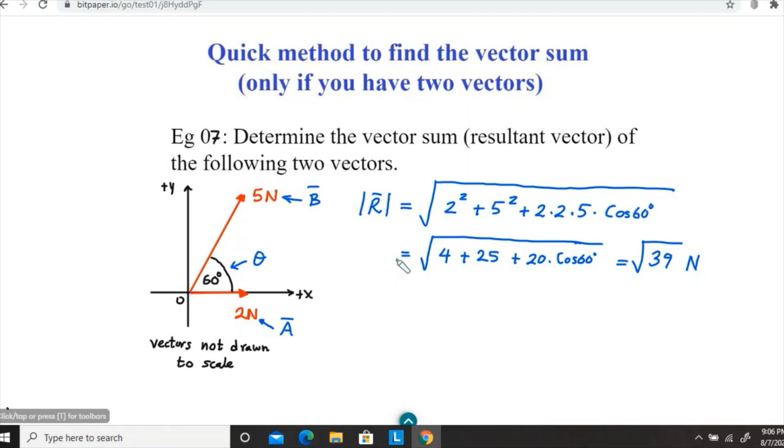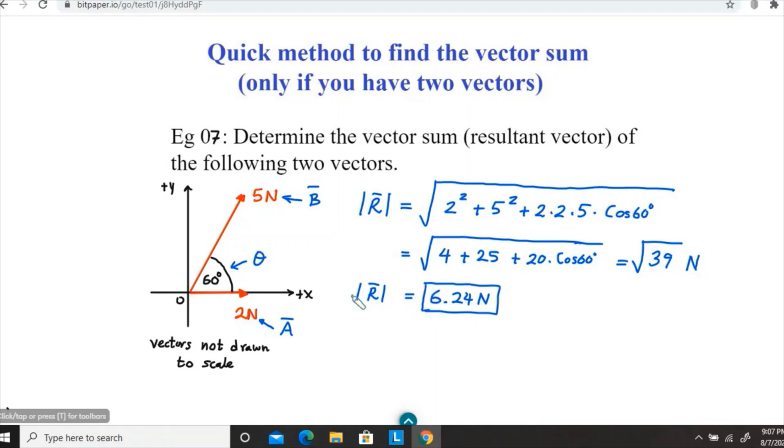So the resultant magnitude should be quantified in terms of the units for force, which is newtons. So I can further simplify the square root. So then I'll have the magnitude of the resultant vector as 6.24 newtons, up to 3 significant figures.